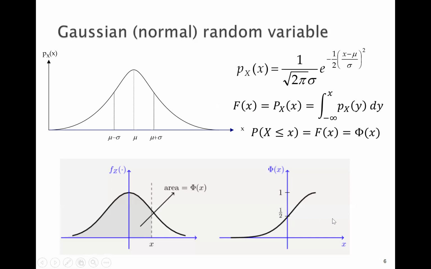That's a monotonically increasing function, starting from 0 to 1. So the minimum value of the CDF is 0, the maximum value is 1. It increases monotonically.